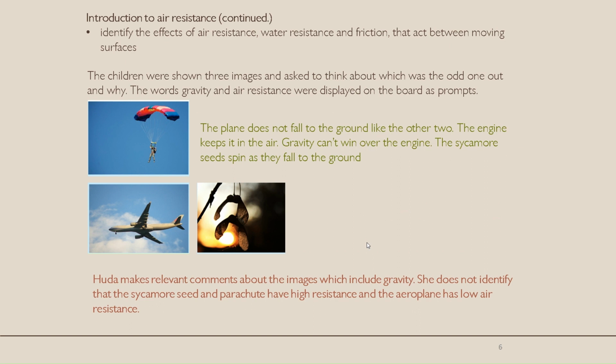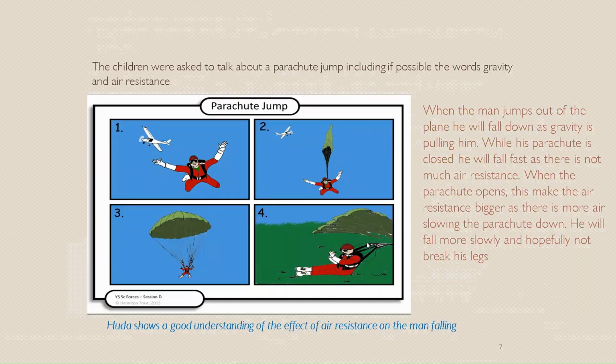She does not identify that the skydiver and seat and parachute have high air resistance and the airplane has low air resistance. The children were asked to talk about a parachute jump, including, if possible, the words gravity and air resistance. When the man jumps out of the plane, he will fall down as the gravity is pulling him.